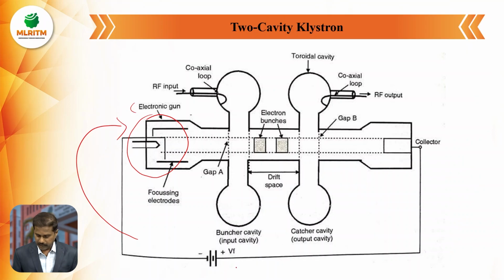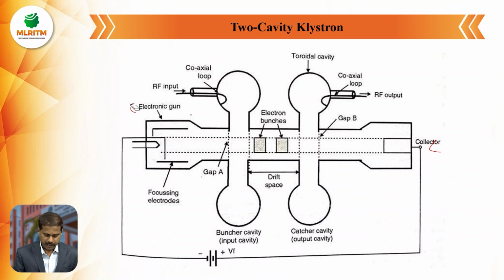This collector side is connected to the positive side. When the potential barrier is applied, continuous electrons flow from the electron gun towards the collector side with some velocity, which is V0.